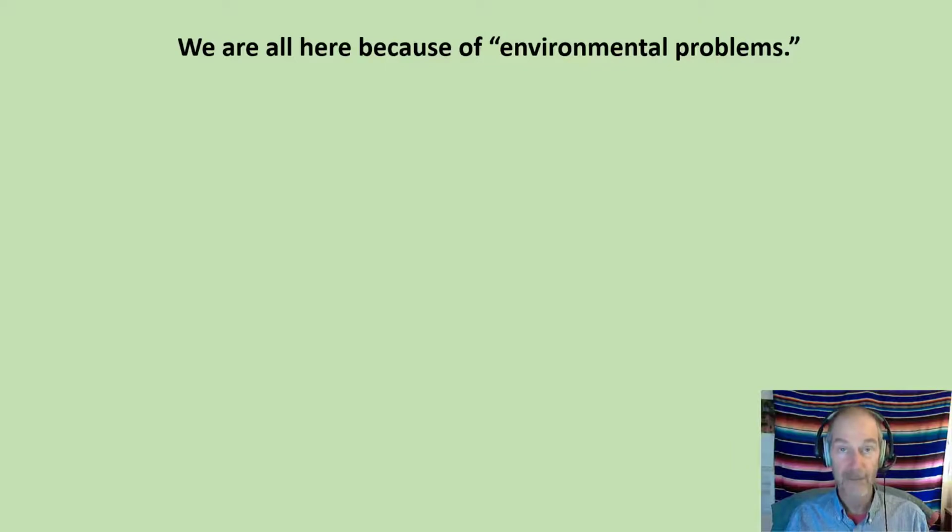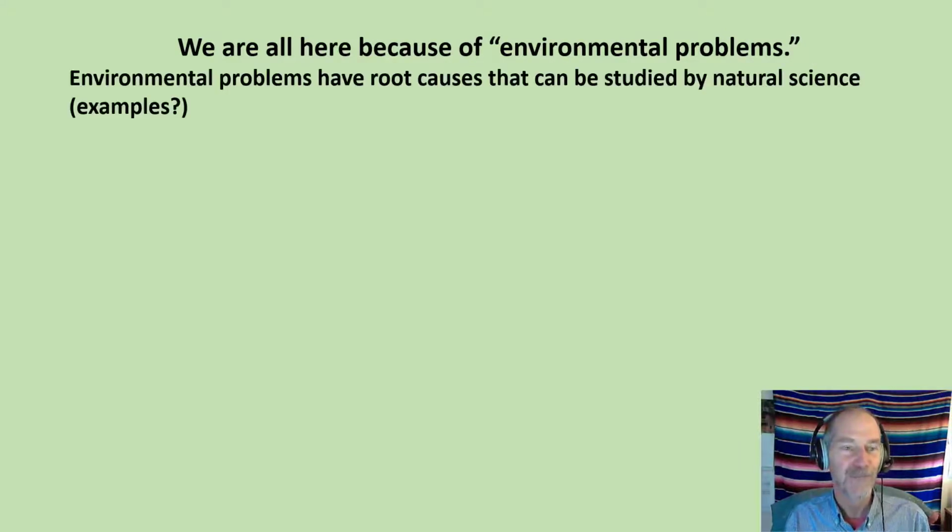Well, we, meaning you and me and the rest of the students in this class and in the Department of Environmental Science and Management and Environmental Studies, are here because of environmental problems. Now, I could stop and have a philosophical conversation on what a problem is. I'm not going to, but I did go down that rabbit hole.